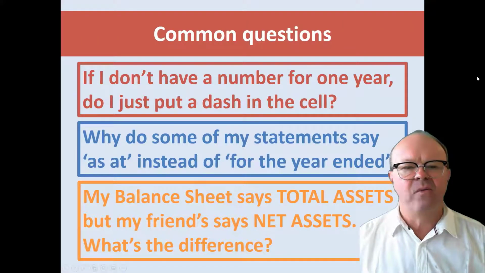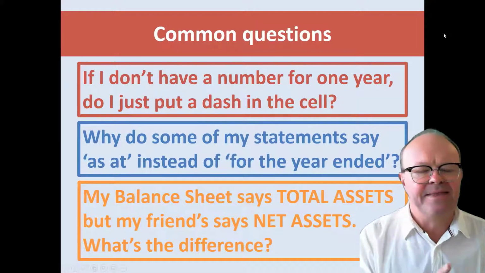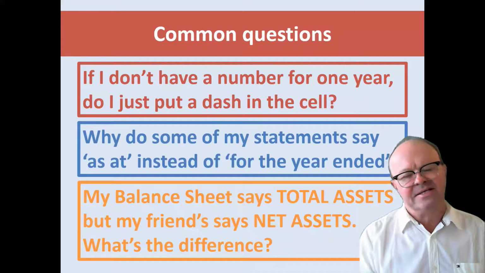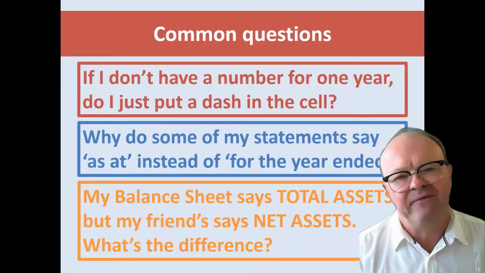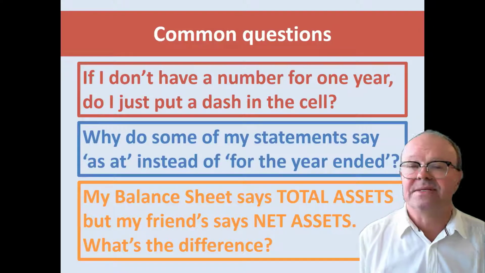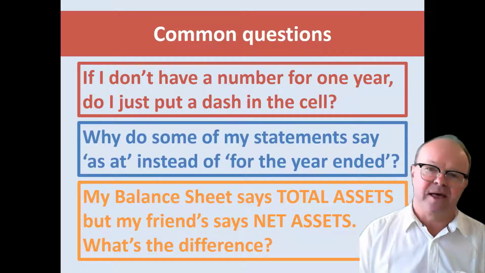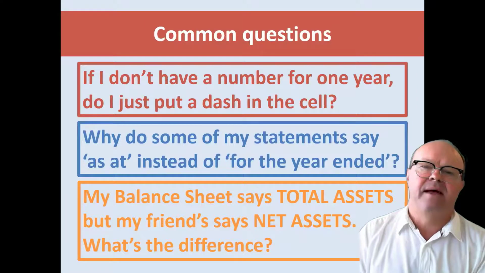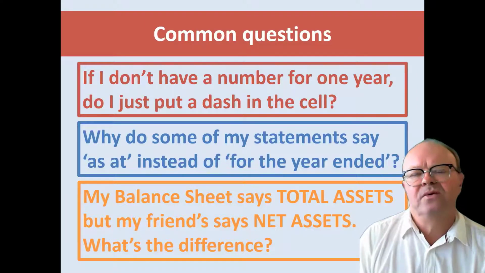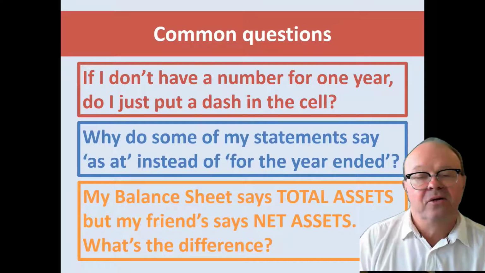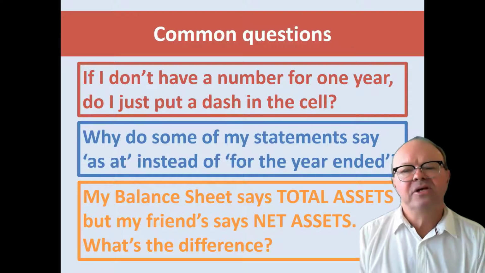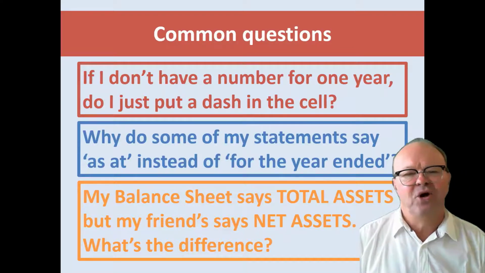If I don't have a number for 1 year, do I just put a dash in the cell? What you might find is that sometimes you don't have a certain item, say in your balance sheet, in some years, but not others. And so what do you do when you find there's not an item 1 year? Put a 0 in that cell. Don't put a dash.